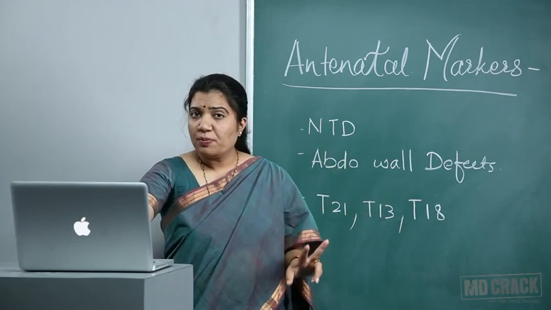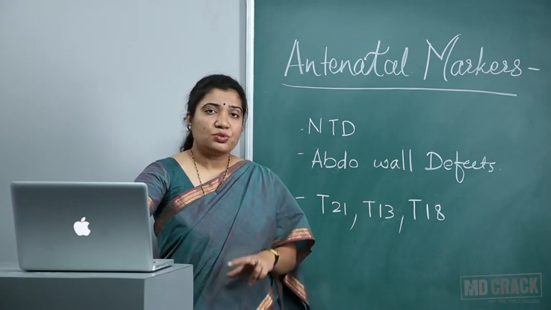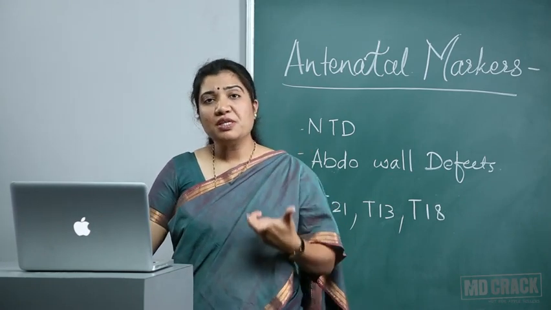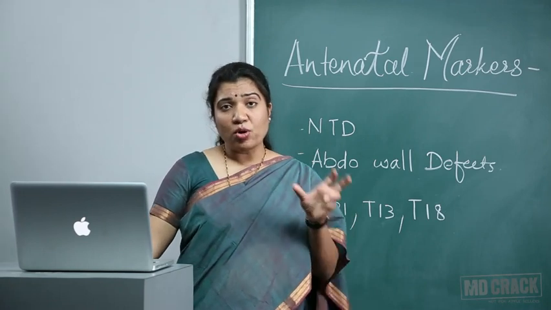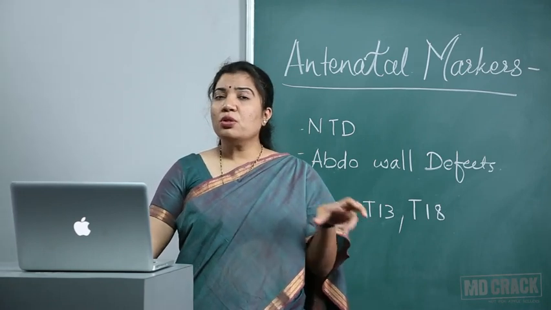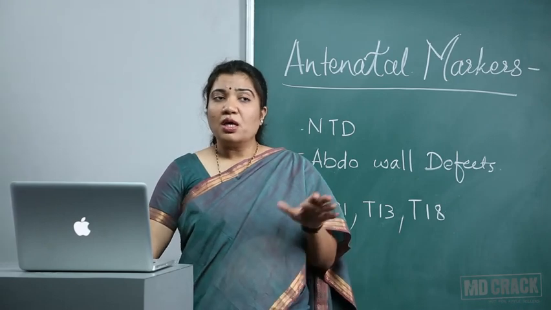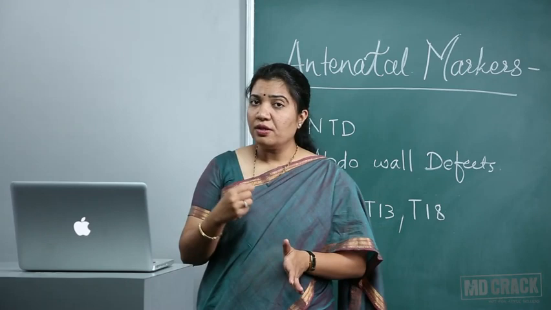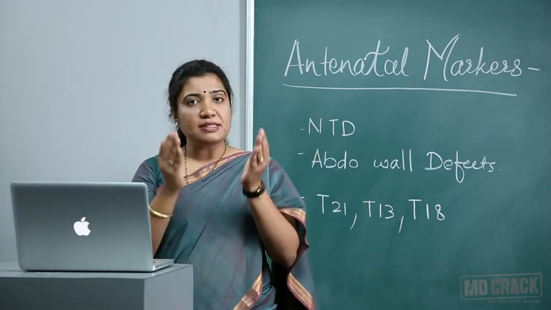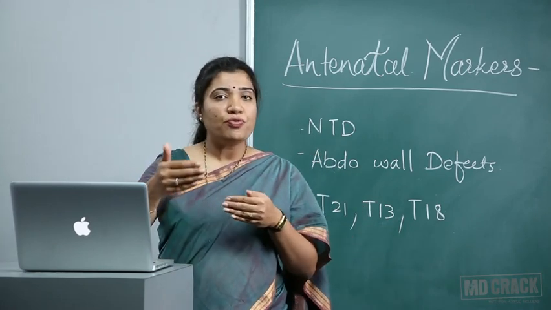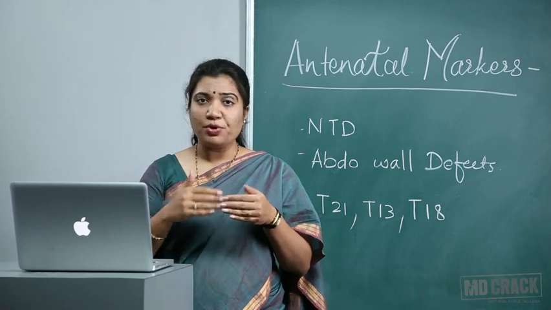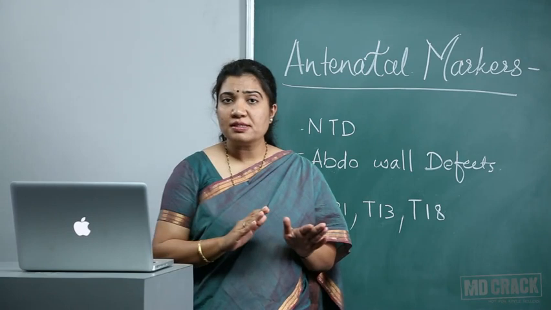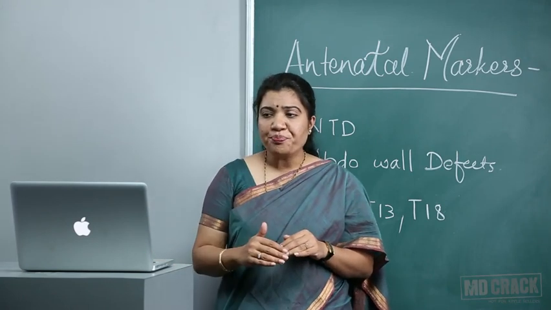There are 2 abdominal wall defects, omphalocele and gastroschisis. One MCQ is like this: maximum level will be seen in whom? Spina bifida occulta, omphalocele or gastroschisis. In spina bifida occulta there is a sac, so the transmission of serum alpha fetoprotein from fetus to mother would be less because it's occulta.